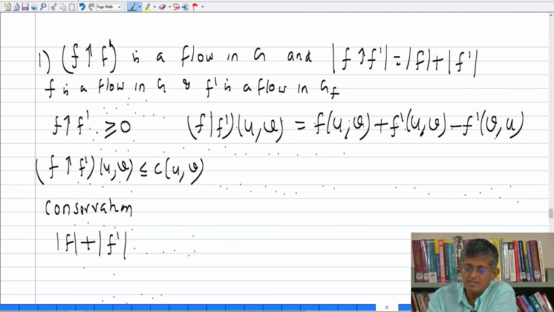So now let us look at this. What she is basically pointing out is that this term, f prime of (v,u), for an edge which is present in the network, is actually bounded by f of (u,v).